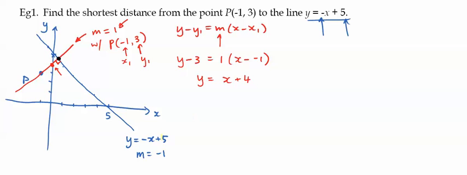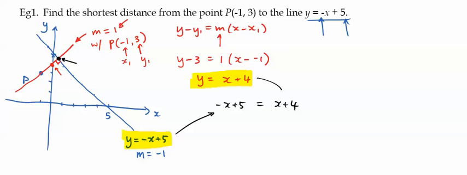And now with the two equations here, I can now solve for the point of intersection. I can do it by substitution or by elimination. Having these two equations equal to each other, negative x plus 5 equals x plus 4.